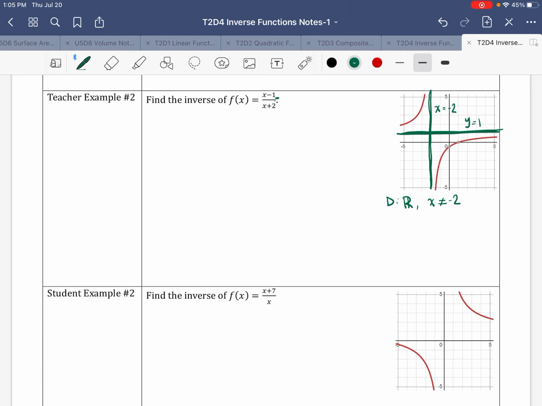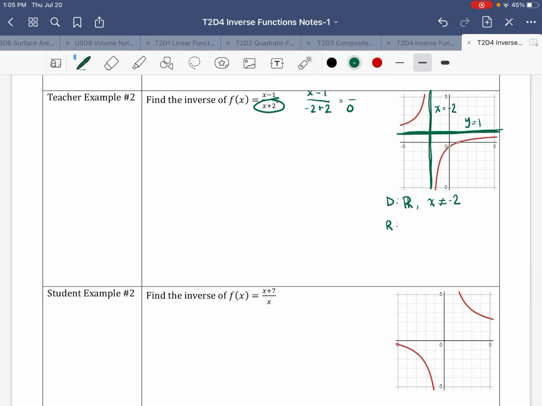And the reason why we have an asymptote there is if we look at the denominator of our function, if we were to put in a -2 plus 2, what we would end up with is a 0 in the denominator. And a 0 in the denominator is undefined. So since it's undefined, we end up with an asymptote. We cannot have a value where the 0 is in the denominator.